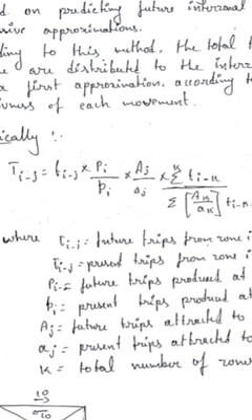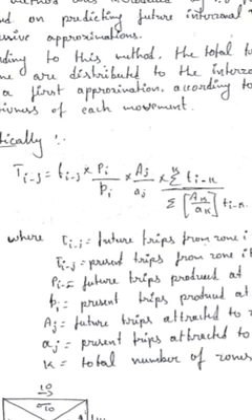Next is small j and capital Aj. Capital Aj is the future trips attracted to zone j, small aj is the present trips attracted to zone j. So what is then K? K is the total number of zones.